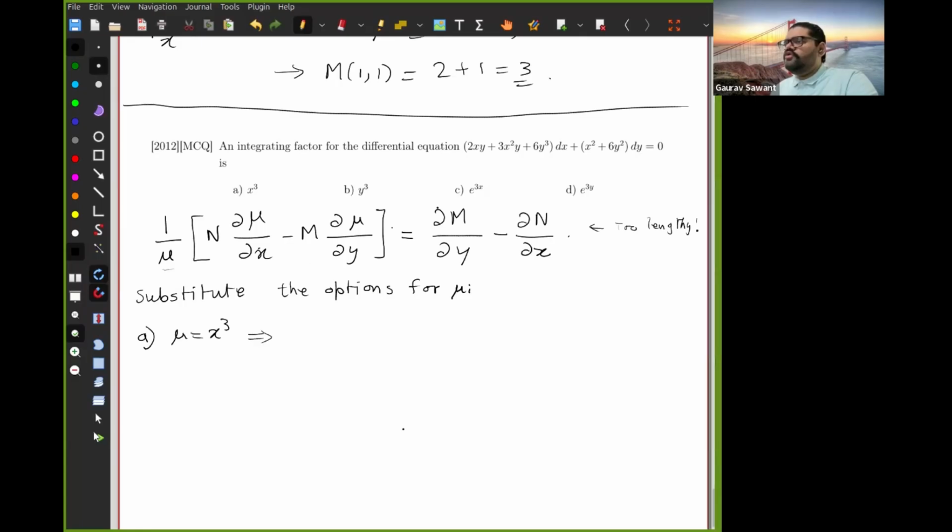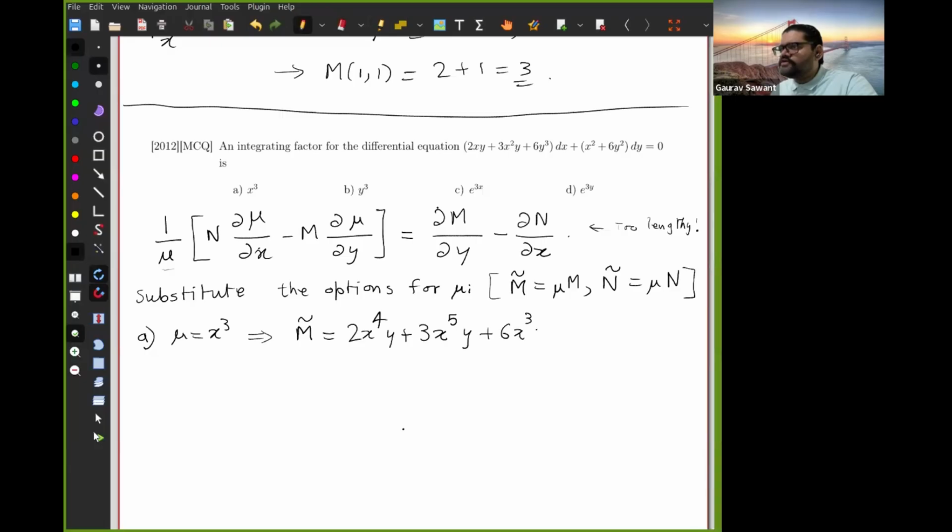We do the multiplication, and let me write M tilde equal to mu M and N tilde equal to mu N. When I do that, M tilde equal to 2x cube y plus 3x x cube, so x power 4 y plus 3x power 5 y plus 6x cube y cube, and N tilde equal to x power 5 plus 6x cube y square.